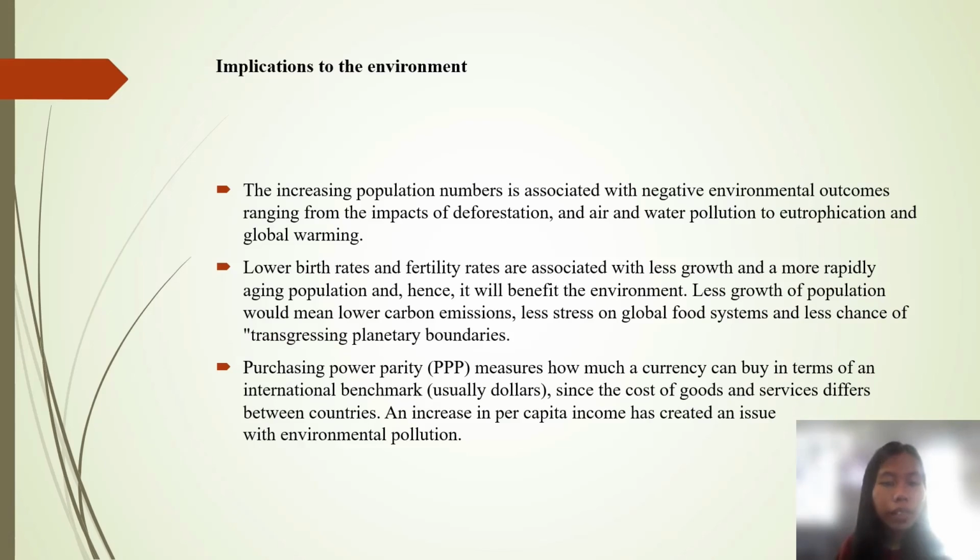Lower birth rates and fertility rates are associated with less growth and a more rapidly aging population, and hence it will benefit the environment. Less growth of population would mean lower carbon emissions, less stress on global food systems, and less chance of transgressing planetary boundaries.